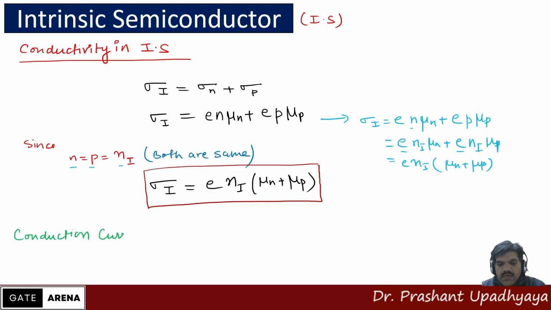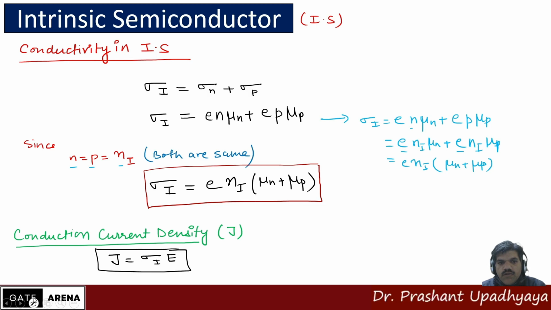First, we will talk about the conduction current density present in the intrinsic semiconductor, which is given by J. The current conduction density J is defined as the product of sigma I into E. We have already calculated the value of sigma I, so I can write E ni into (mu n plus mu p) multiplied by E. This is the current density of an intrinsic semiconductor.